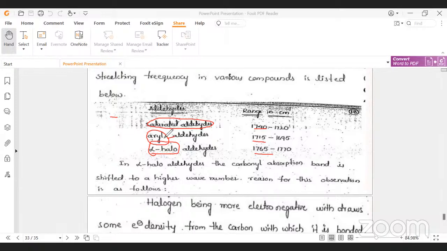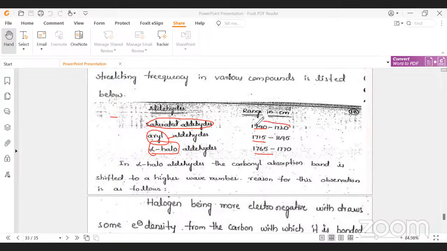Here aryl is an electron donating group. If the compound has an electron donating group, the frequency, the wave number, decreases. If the compound has an electron withdrawing group, the frequency and wave number increase.